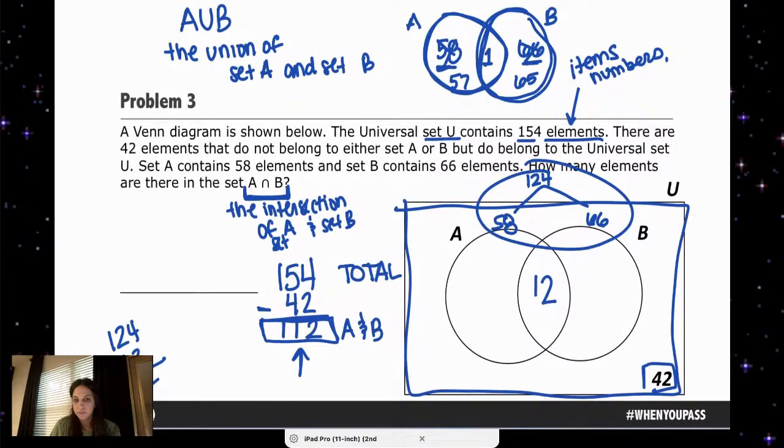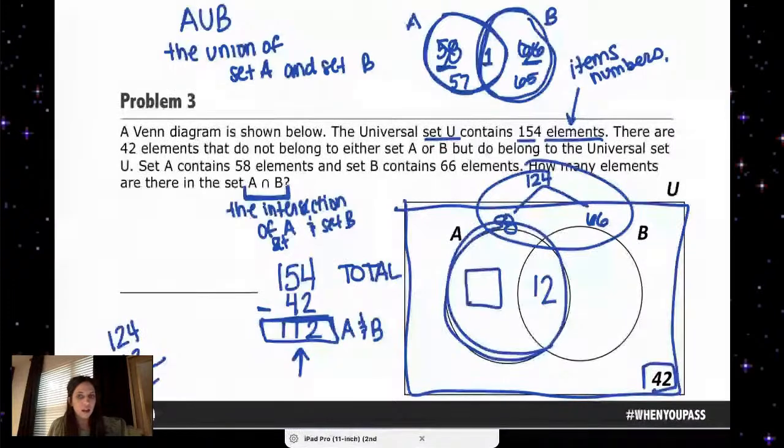which means how many are left over here if the whole circle equals 58? Well, if the whole circle equals 58, then I'm going to have 46 over here, because 46 plus 12 is 58. And how many am I going to have over here? 66 minus 12 is 54. Now watch what happens.